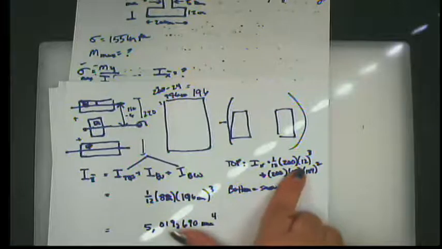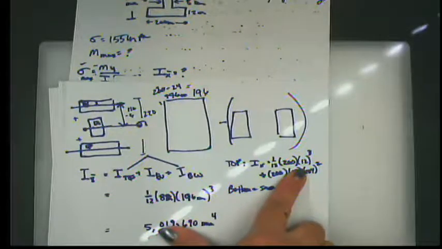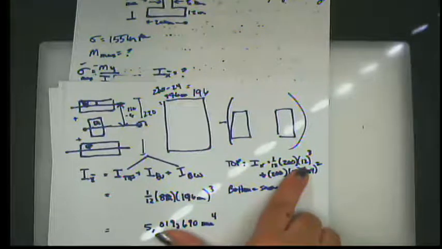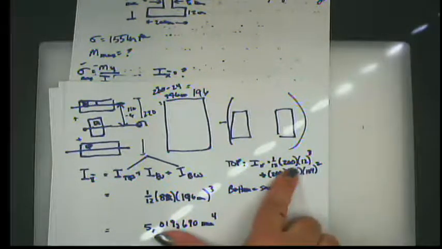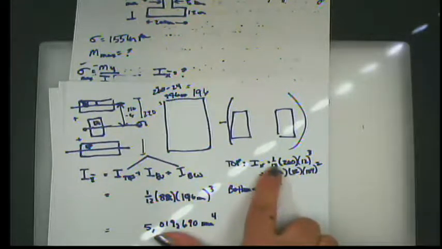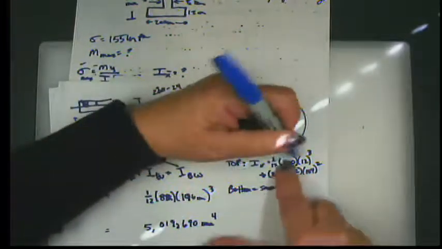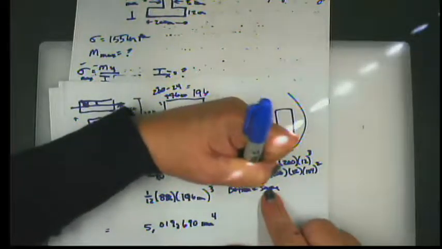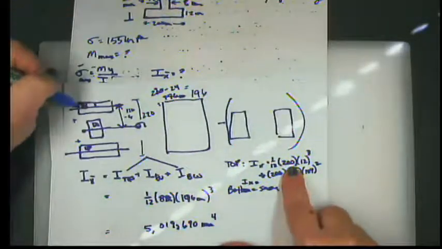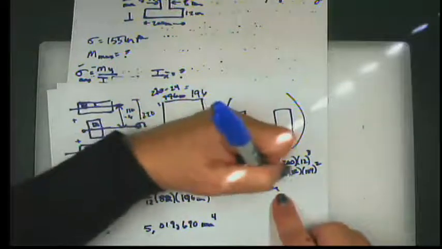The contribution from the top piece is going to be 12 raised to the third power times the width, which is 200, divided by 12. So the I sub x bar piece of the top is 28,800.